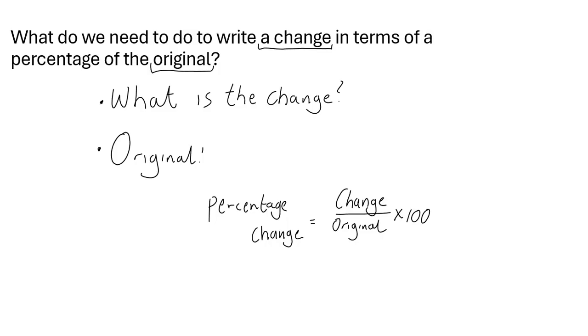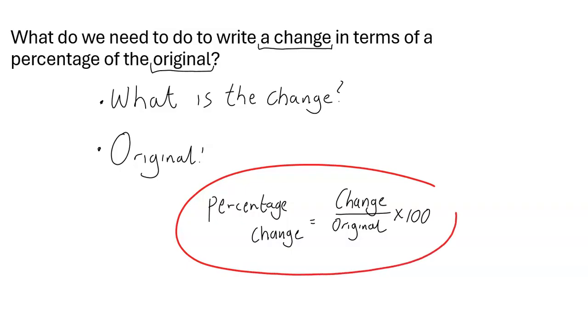Change divided by the original is always going to be less than 1, so it's going to be the decimal representation of the percentage, and then multiplying it by 100 takes that and actually turns it into a percentage itself straight off. That formula there, that's the key formula we're going to use to be able to calculate the percentage change in something. We can then contextualize it as a profit or loss.